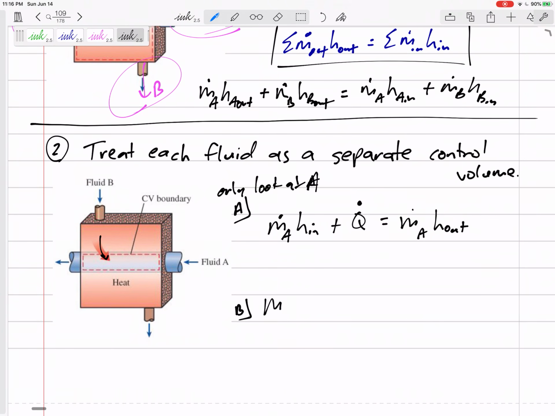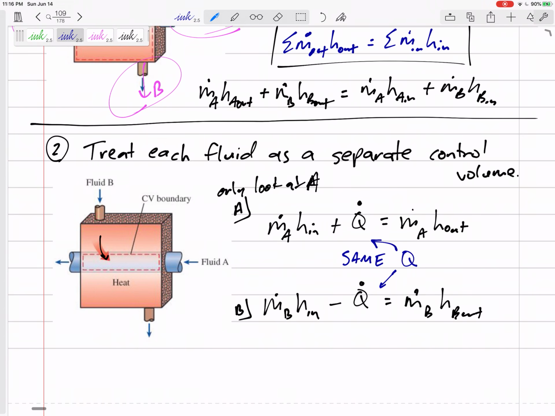Or m dot B, so B is the hot fluid, the heat transfer is going from the hot to the cold. M dot B, H of B in, minus the Q that it's leaving, equals m dot B, H B out. This is the same Q, same value for Q right here and here.